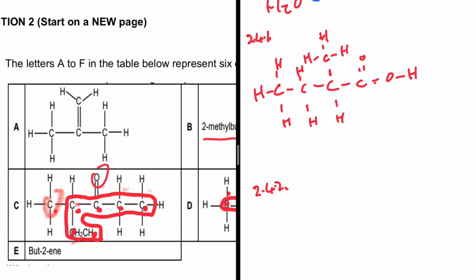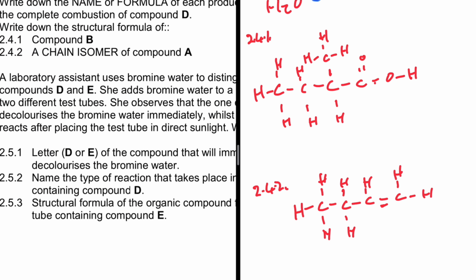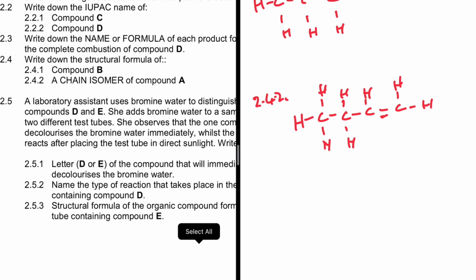Here we're talking about different chains, right? So 1, 2, 3, 4. Let's put the double bond there and then fill out the hydrogens. So this is what we have, right? This is the chain isomer. Same molecular formula, different chains, right? So that is 2.4.2. I'm just trying to calculate the number of carbons, the number of bonds, and see if they're correct. Seems correct. 2.4.2. And then 2.5, let's go.